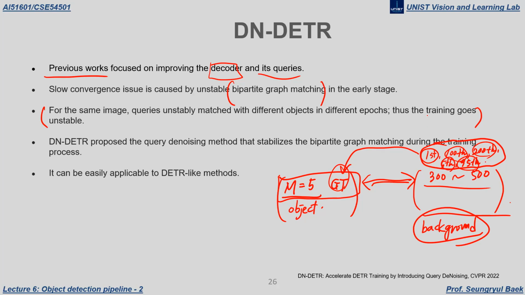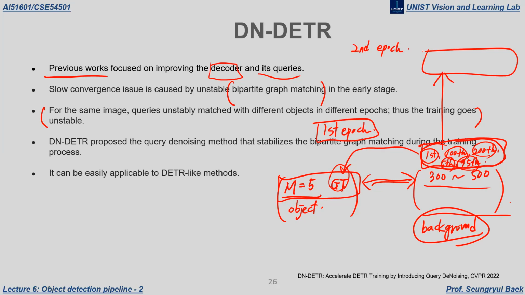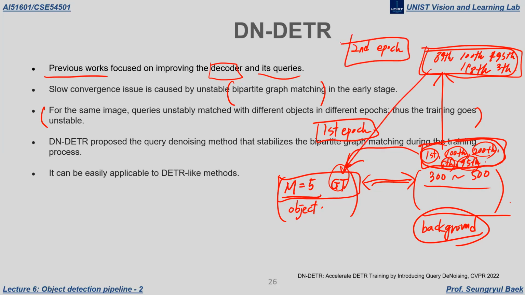But in the first epoch, these are the matched sets, but let's say in the second epoch, these sets are dynamically changed, like other sets are obtained to match the ground truth in the second epoch, maybe.